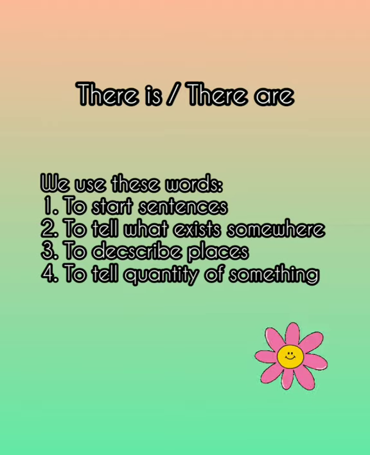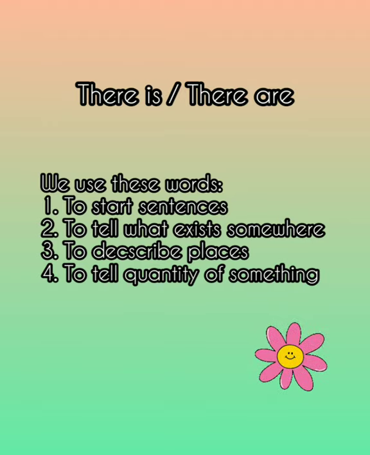Number 2, to tell what exists somewhere, untuk memberitahu apa yang wujud di situ. Number 3, to describe places, untuk menceritakan tentang tempat. And number 4, to tell quantity of something, untuk memberitahu berapa jumlah sesuatu itu, suatu objek itu. So, that's when we use there is or there are.